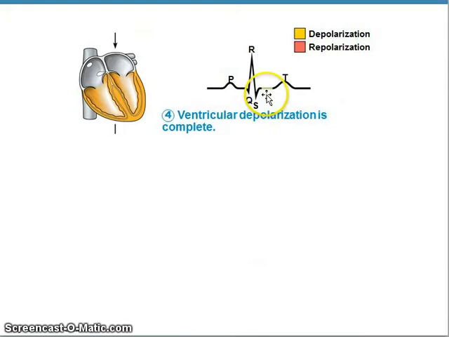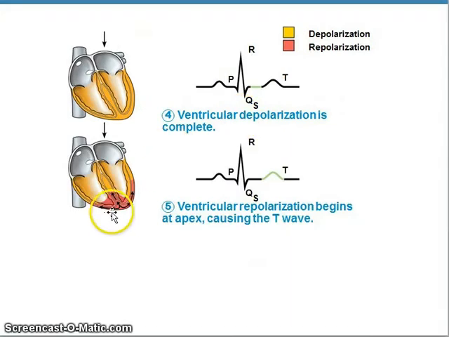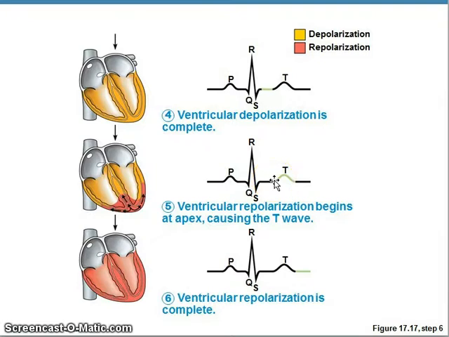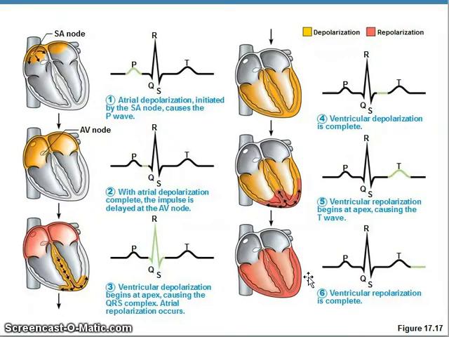So next you get this little flat line on the ECG, which is the pause before the ventricles start to repolarize, and then the repolarization of the ventricles is represented by the T wave, and once the ventricles have fully repolarized, you're here at the isoelectric or flat line there. And that sums up everything.